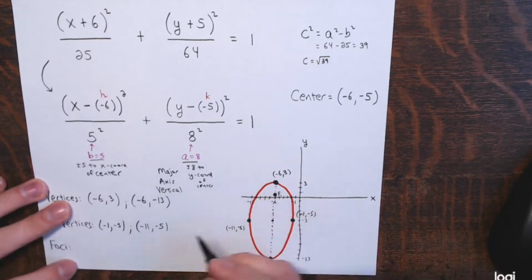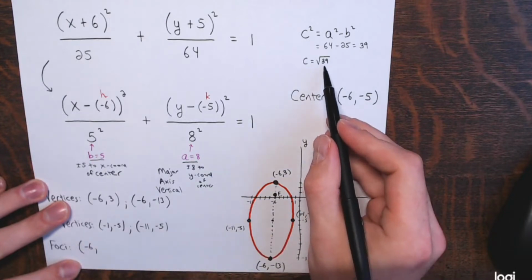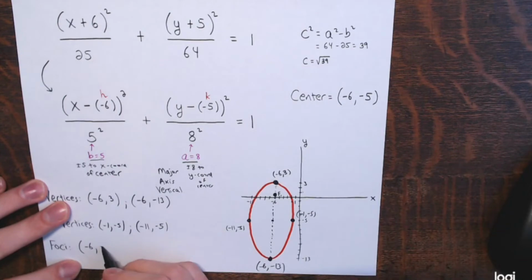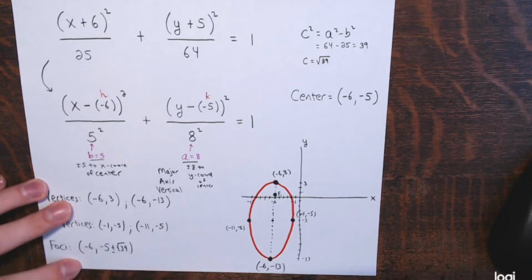So one of the foci is going to be at -6 still for the x-coordinate, and then I'm just adding the square root of 39 to the y-coordinate of the center, so -5 plus the square root of 39. And then I'd also throw in a minus there, because if I go -5 minus the square root of 39, I'm 1, 2, 3, 4, 5, 6, somewhere between -10 and -11 for the y-coordinate of this other focus.